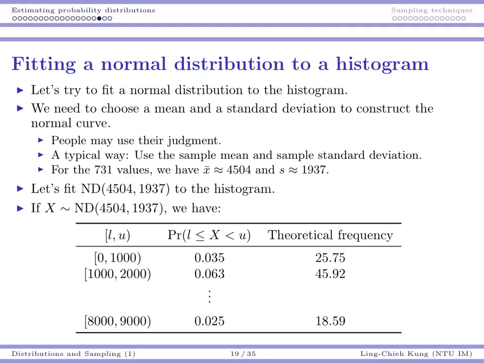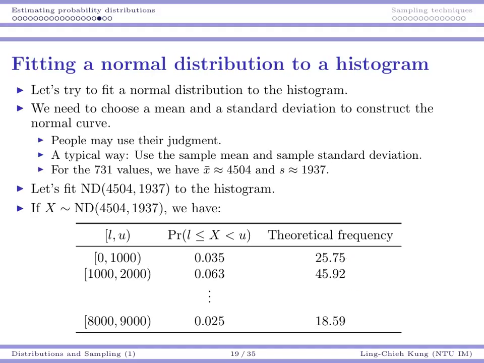And you know there are some Excel functions or some other software that you can use to get these numbers. Anyway, once you have the distribution, you know how to get these probabilities. And then multiply these probabilities by 731, you get these theoretical frequencies.